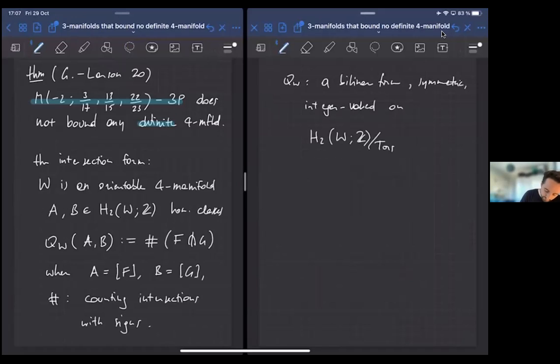And I will refer to anything with such a structure, so a free Z module, generally finitely generated of finite rank, but so far I didn't really use that, with a symmetric bilinear integer valued form, I will call this a lattice.